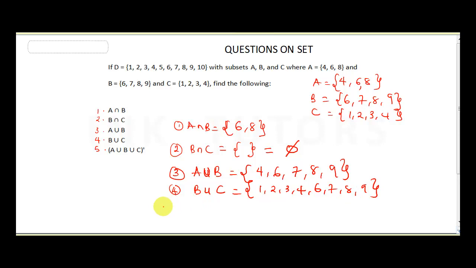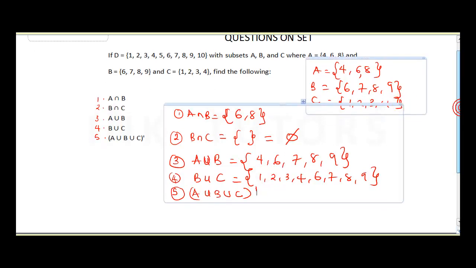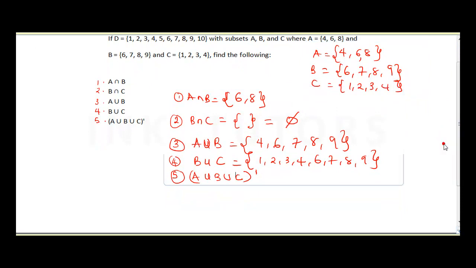Okay, then the last question. The last question says we should find A union B union C prime. The first thing we need to do is find our A union B union C. Once we get that, then we can find the complement. You either call it A union B union C prime, or you call it A union B union C complement.